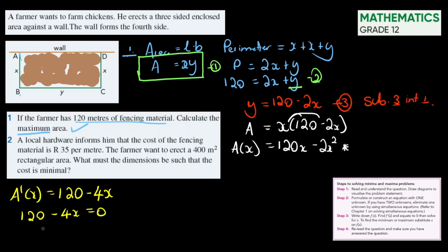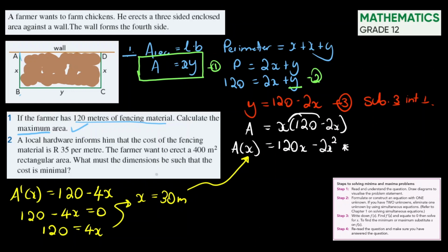So now we're going to have 120 is equal to 4x, and because we're solving for x, we divide both sides by 4. It will be 120 divided by 4, which will give us 30, and we're using the units of meters. It means x is equal to 30 will give us the maximum, but we need to find what the area will be by substituting this x into the original equation.